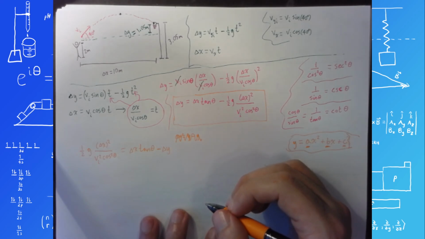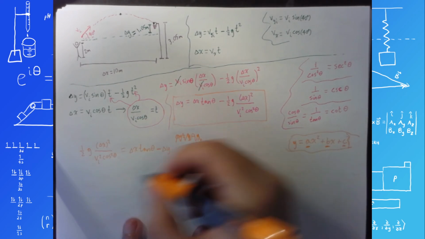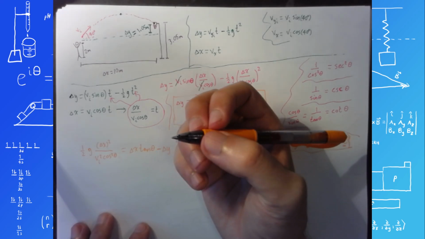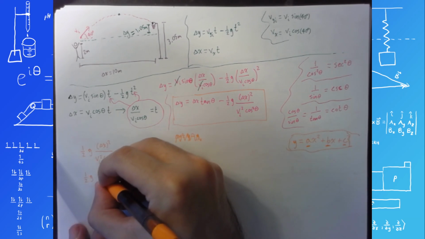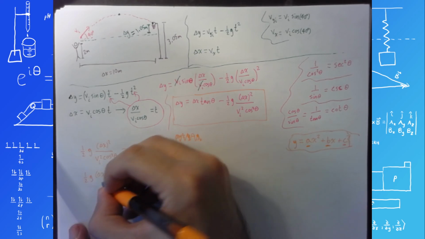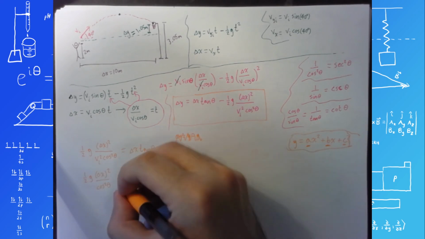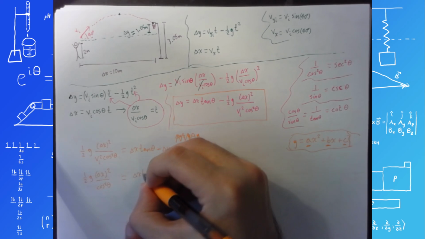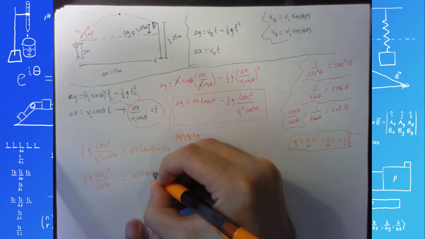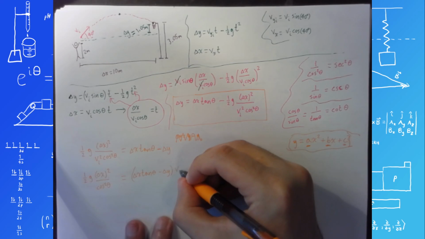Okay, I want to then multiply by v initial squared on both sides. That gives me 1/2 g delta x squared over cosine squared equals delta x tan theta minus delta y, all in parentheses, times v initial squared.